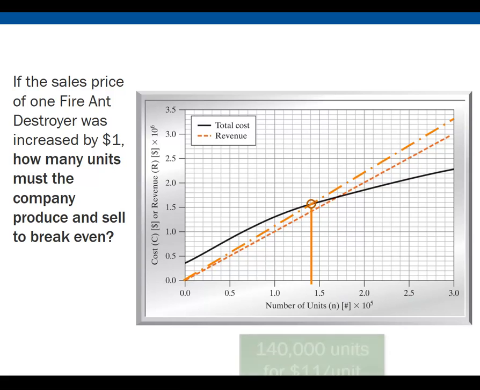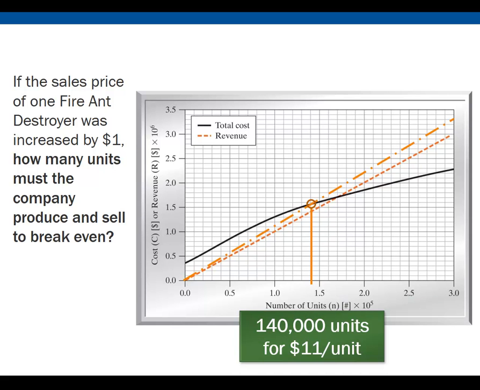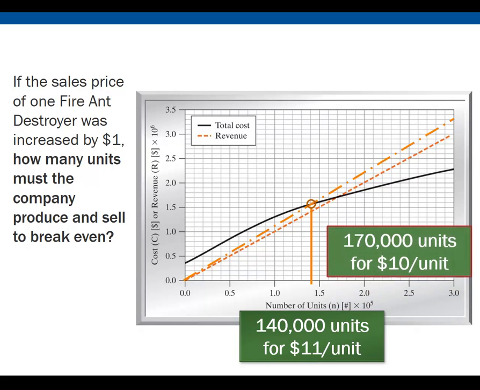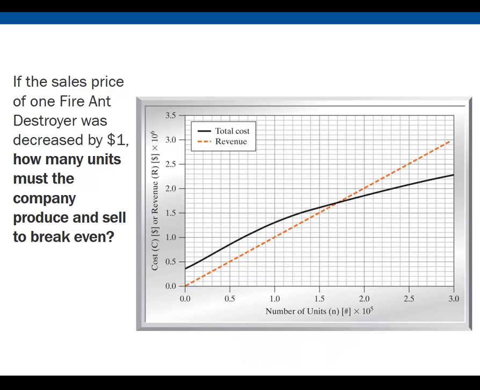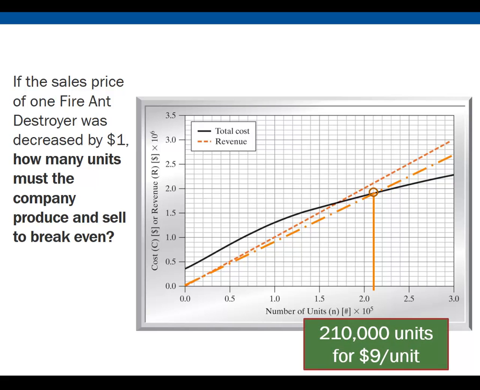Does it make sense? Okay, so for $11 per unit, we will reach the break-even point at 140,000 units. The previous one is 170,000 units for $10 per unit. But instead of increasing, we can also decrease to $9 per unit, and the break-even point is 210,000 units for $9 per unit.